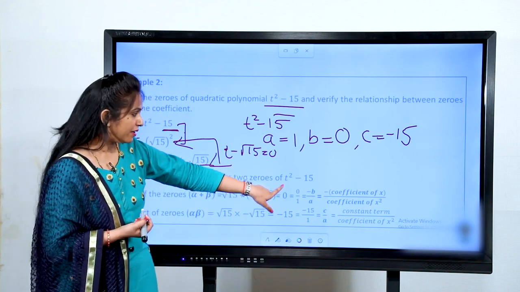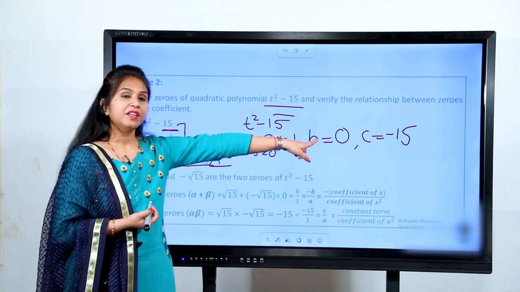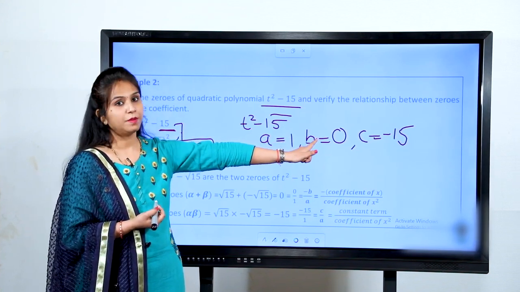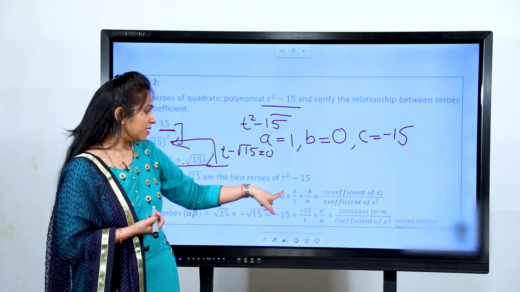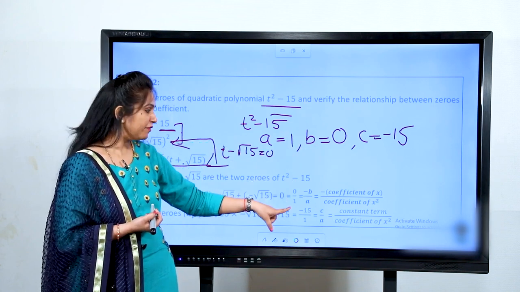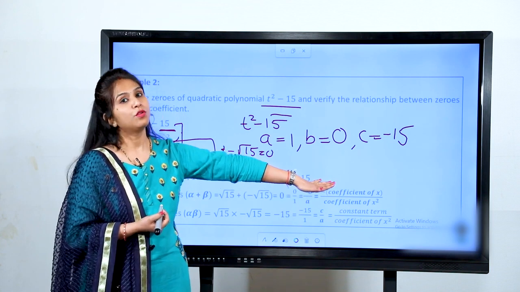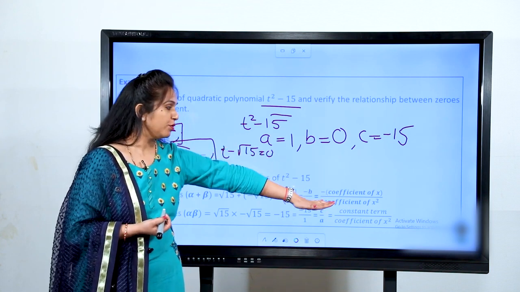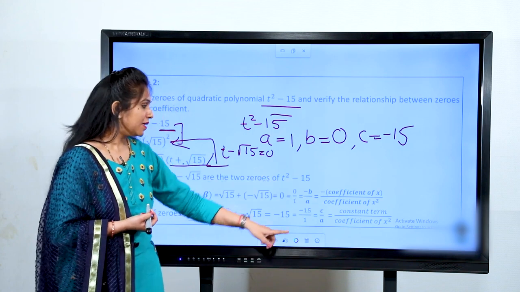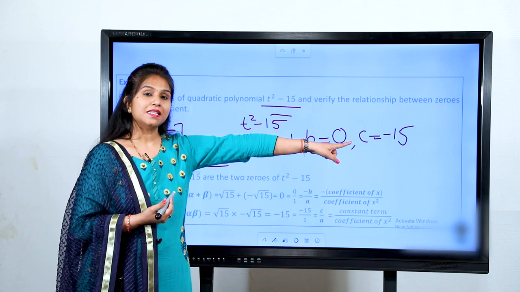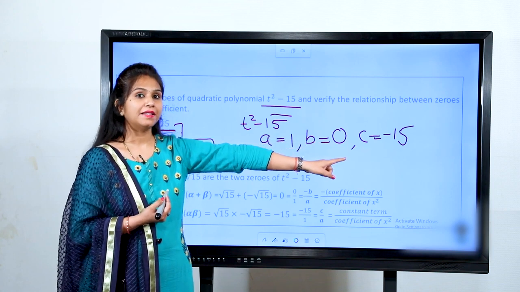So again come back, here we are getting 0, and we have already discussed the middle term is missing, meaning the coefficient of the middle term is 0. So this 0 can also be written as 0 by 1, that is minus b upon a, which is equal to minus coefficient of x upon coefficient of x square. Similarly, here we are getting minus 15, and when you compare this, you can see c's value is also minus 15.